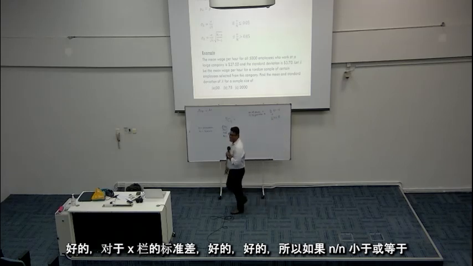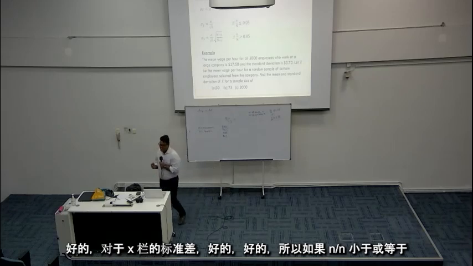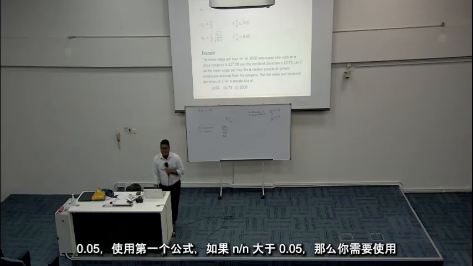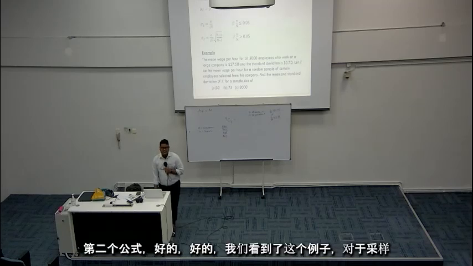For the standard deviation of x bar, if n over N is less than or equal to 0.05, use the first formula. If n over N is greater than 0.05, you need to use the second formula.